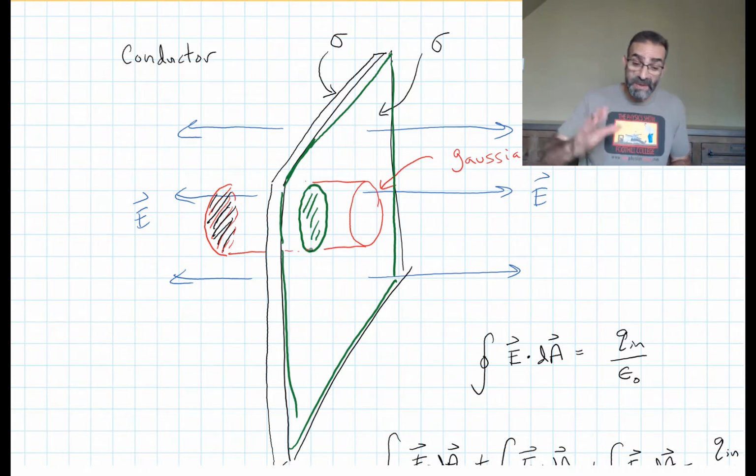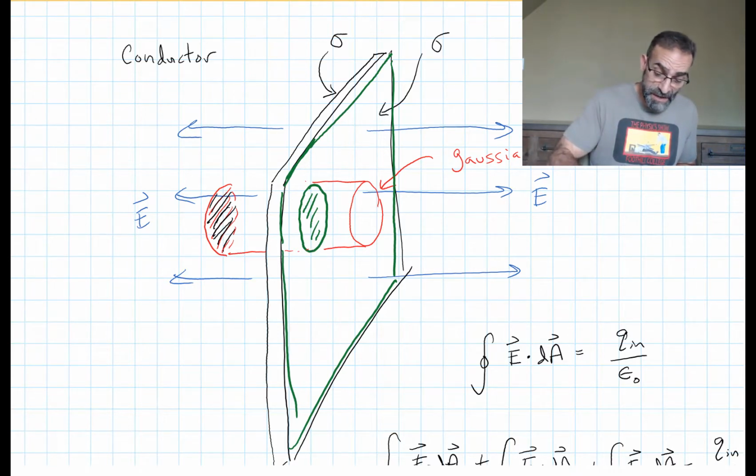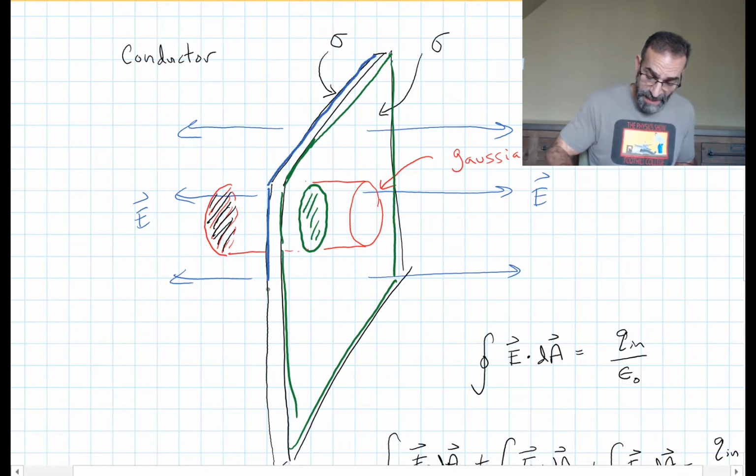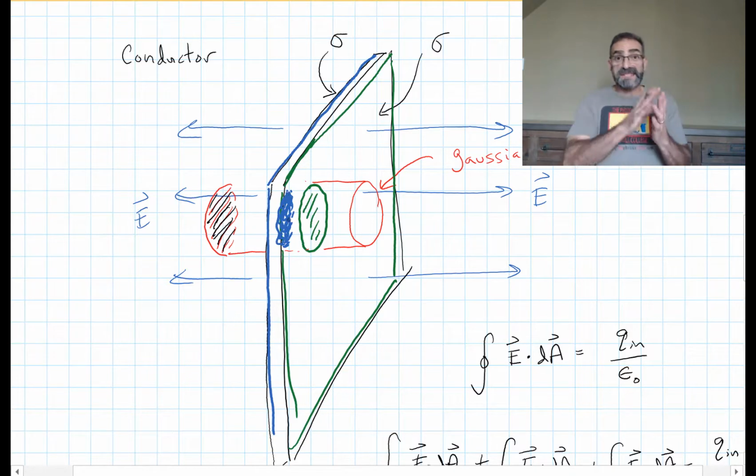But there's also charge on the other side, on the left face, here, where the left side is intersected by our Gaussian.